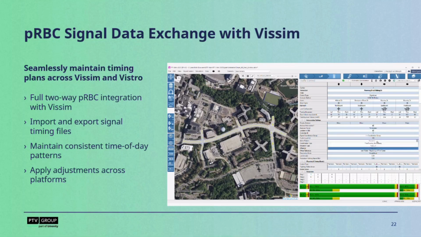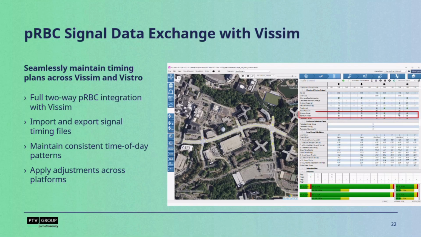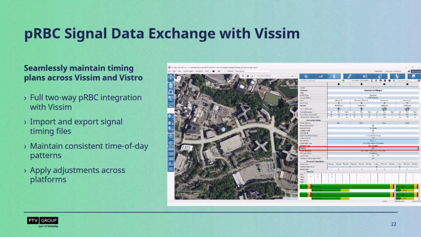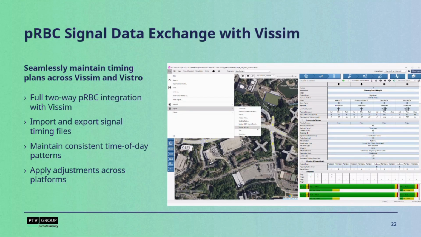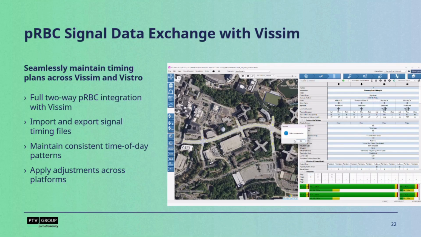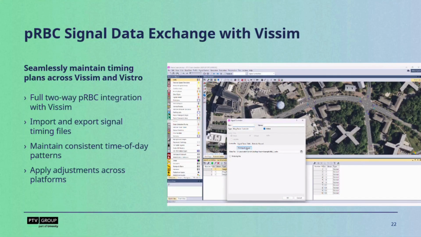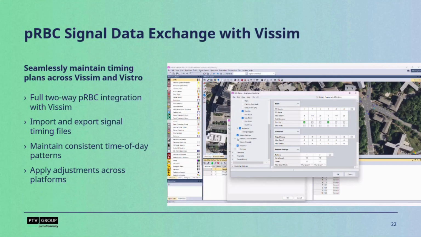For example, the workflow could be you have a VISSIM model and you have a Vistro model. You do some optimization in your Vistro model for testing a new scenario or something. You can grab all those PRBCs in one folder and send them and map them basically into VISSIM, and it will update all the signal controllers on the VISSIM side.